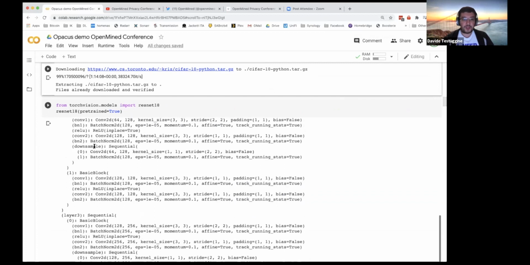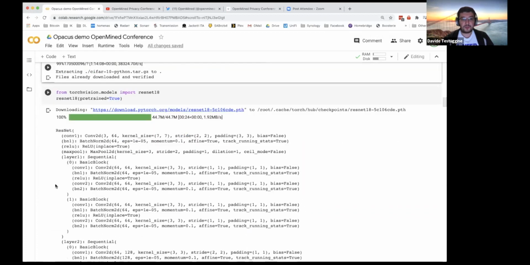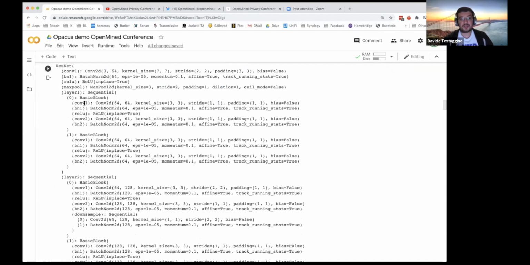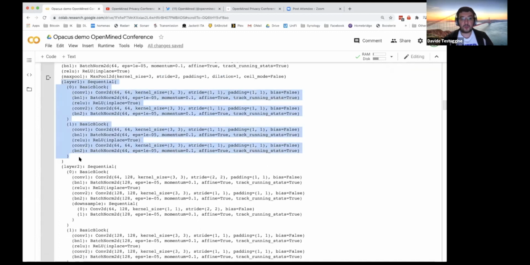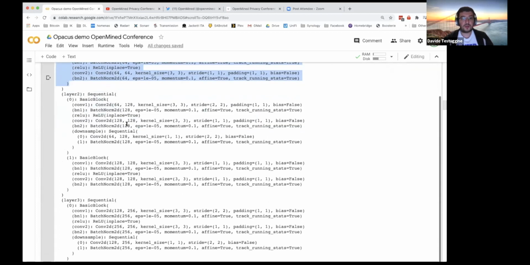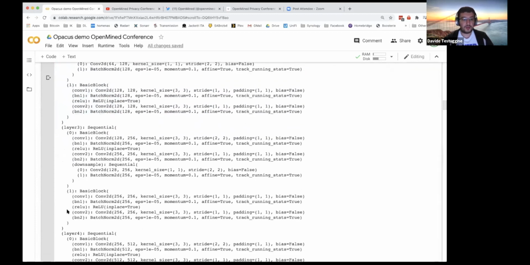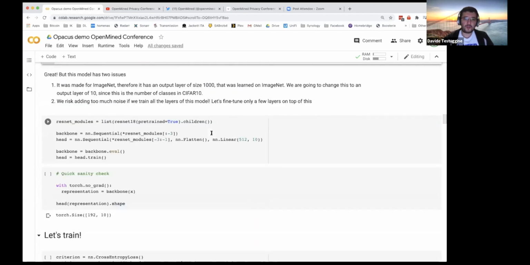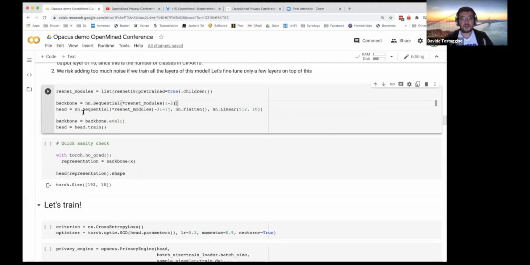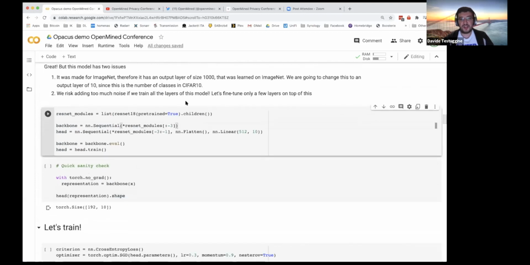If you remember, I was saying that ResNets are made of these blocks, and this is one for ResNet 18 indeed. This is layer 1, and it's 2 basic blocks. Layer 2, same thing. So in this code, we are splitting this ResNet into a backbone and a head. And literally all that's happening is basically saying anything up until layer 3 is in the backbone, and everything after layer 3 is in the head.